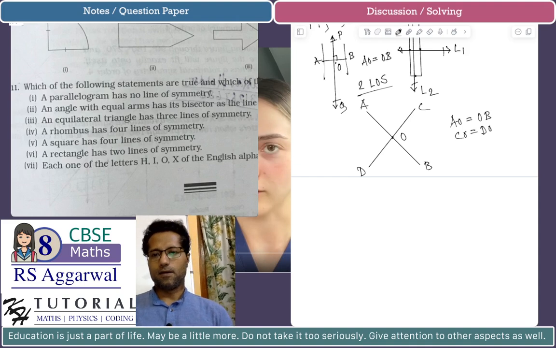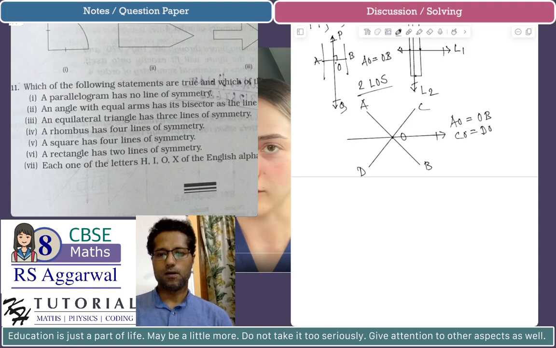The one line of symmetry for the letter X will be the horizontal line passing through the point O. This is a line of symmetry L1, and also the vertical line passing through O and perpendicular to L1. This is also a line of symmetry L2.